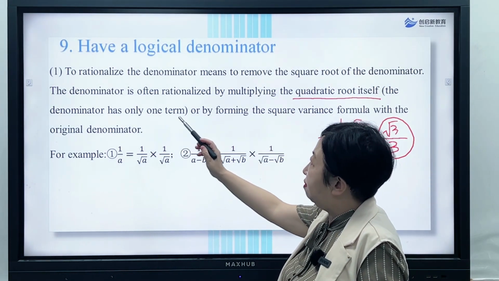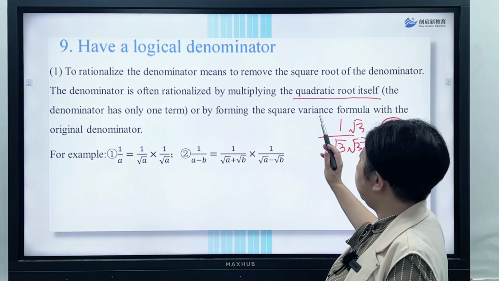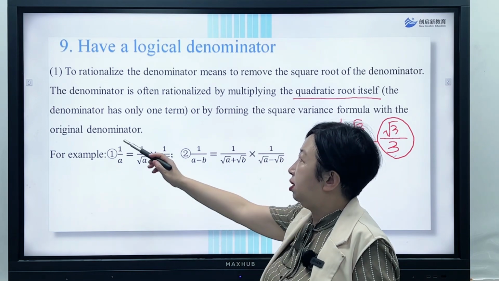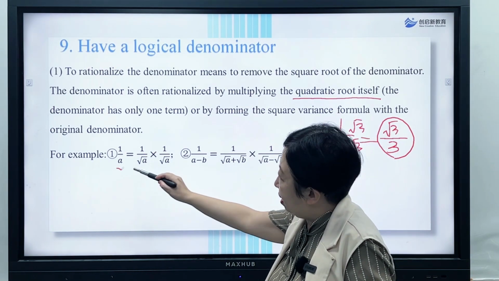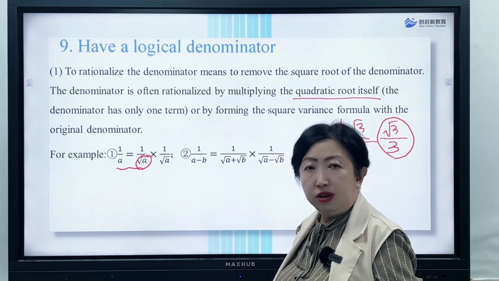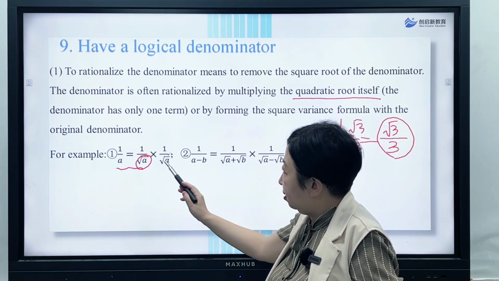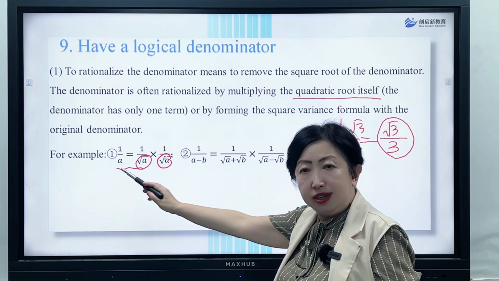When the denominator has only one term, we form the difference of squares formula with the original denominator. For example, if the denominator is root of a, we can multiply by root of a, which equals a.